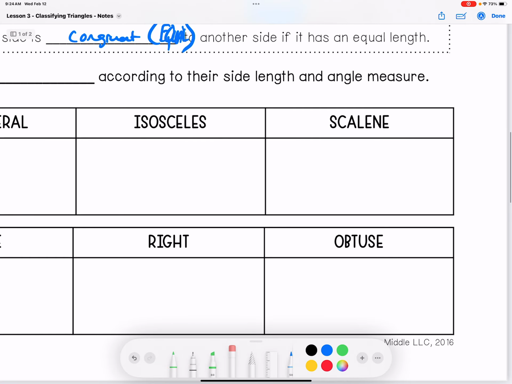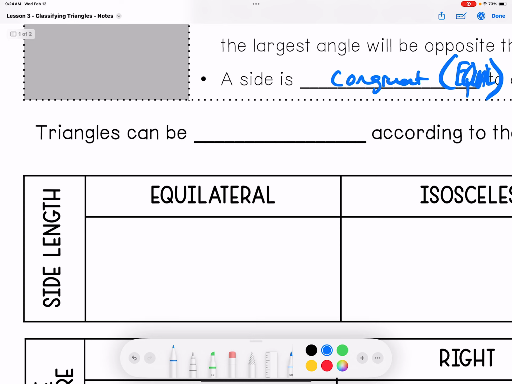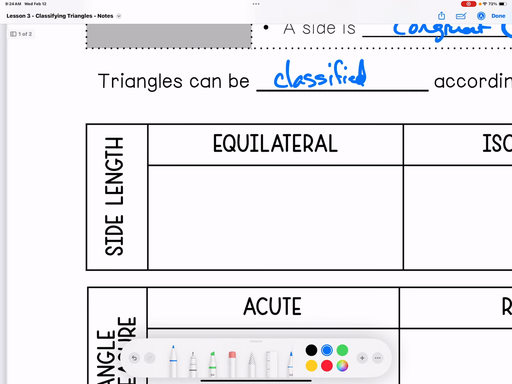Now, triangles can be classified according to their side length and angle measure. So side length, equilateral, means all three sides are equal. So draw you a triangle. It don't have to be perfect.